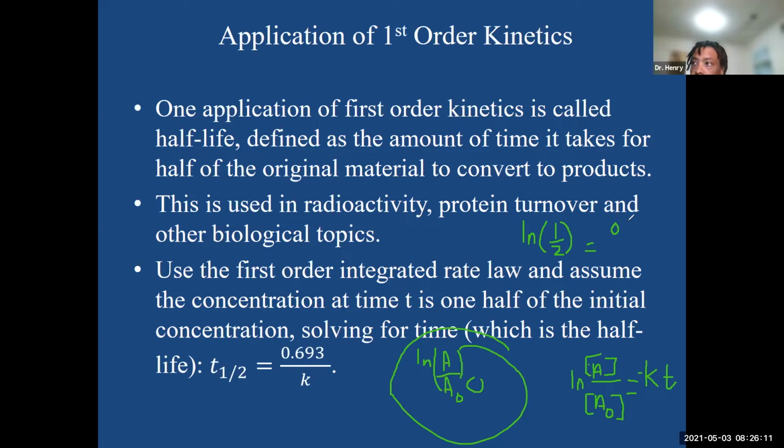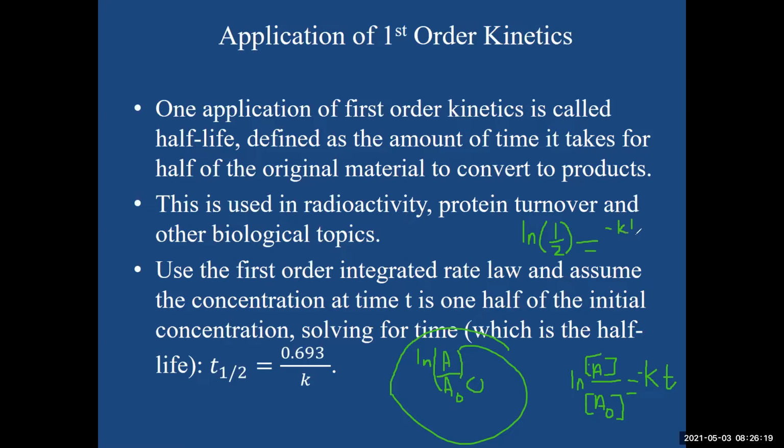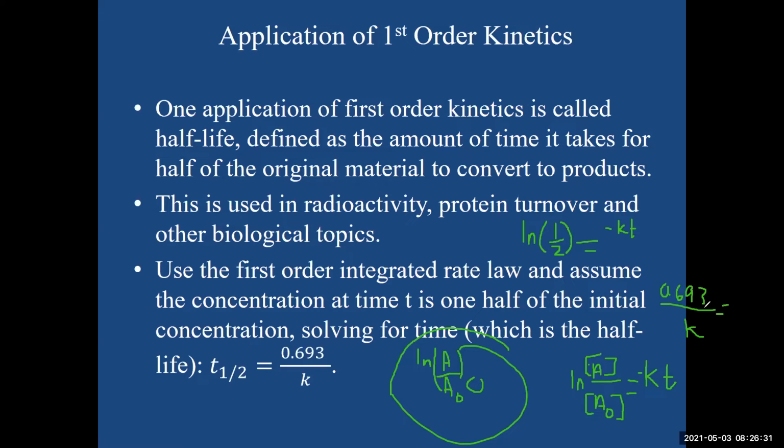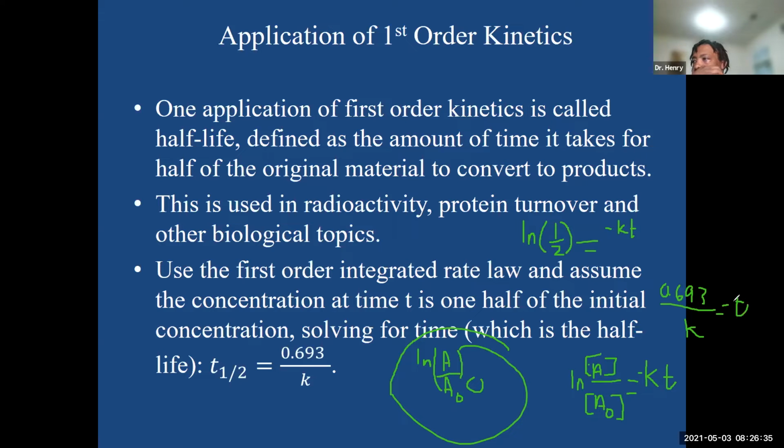So you're going to get 0.693 over k equals t, and that's going to be t for 1/2.